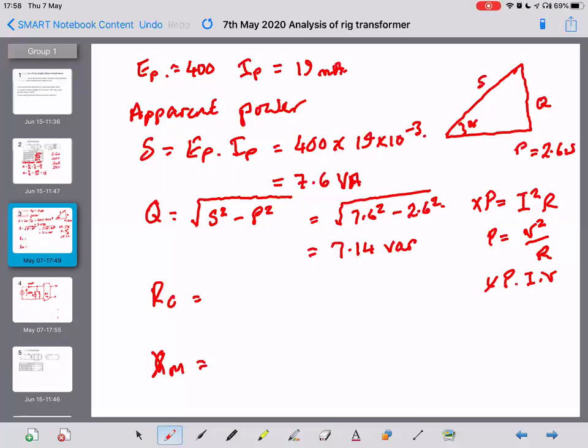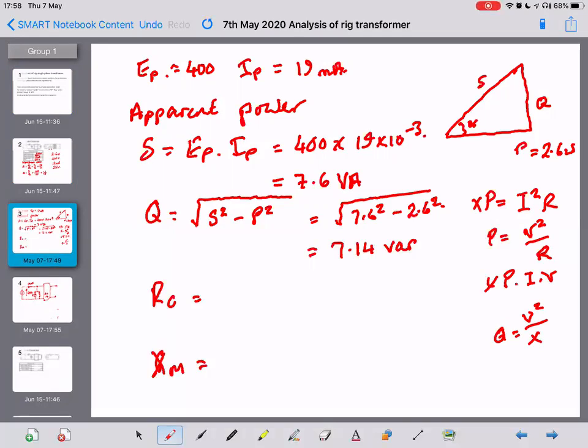So we're going to use power equals the voltage squared divided by the resistance, rearranged to find the resistance. And we also know that Q is equal to V squared over X. So we can rearrange that one to find the value of XM.